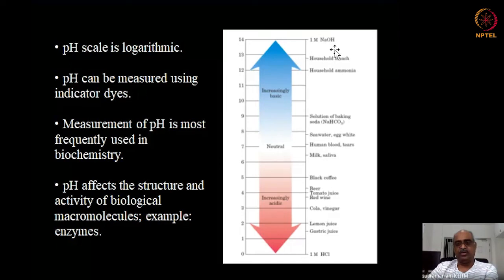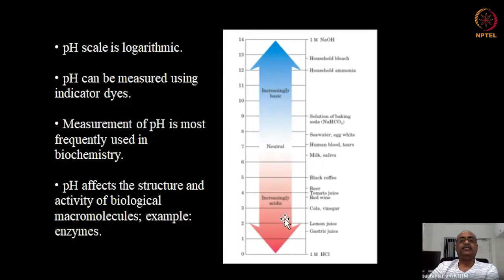If I take 1 molar NaOH and get 1 molar Na plus and 1 molar OH minus, meaning it completely dissociates, then that is the strongest base. Similarly, if 1 molar HCl dissociates to 1 molar proton and 1 molar chloride, then I call that the strongest acid. So weak acids do not completely dissociate. That's the difference between strong acid and weak acid.